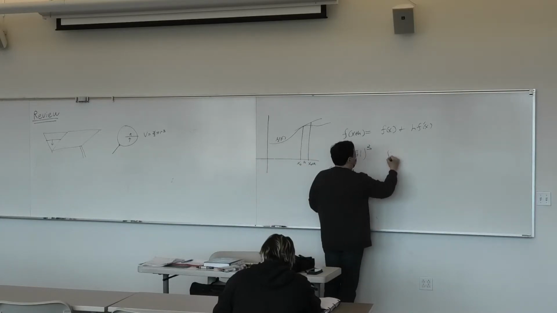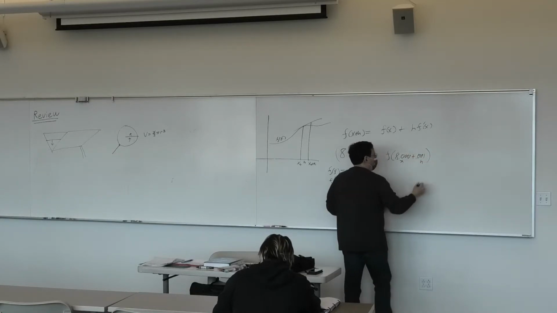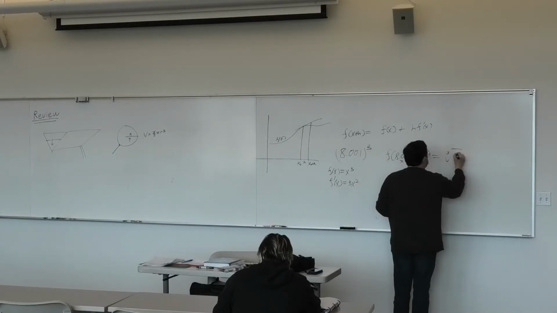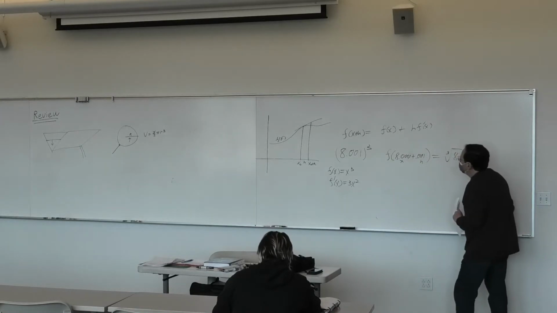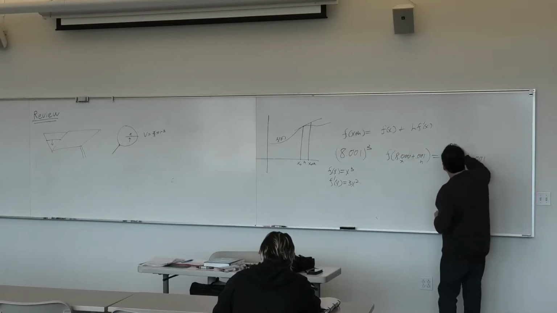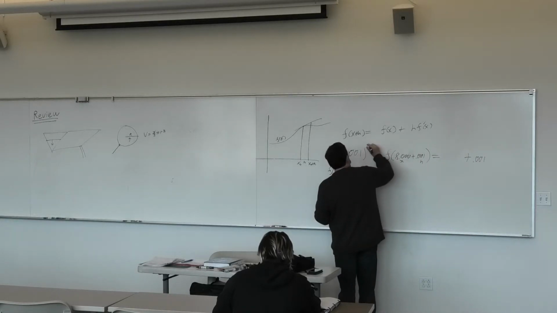So if I want to find f of 8.001, 8.000 plus 0.001, where this is h and this is x, that's going to be the cube root of 8 plus 0.001 times the derivative. I'm going to say the cube root. We wanted the cube root.